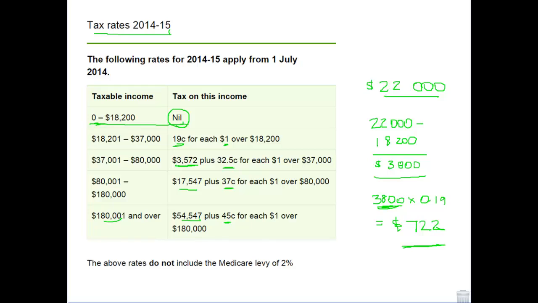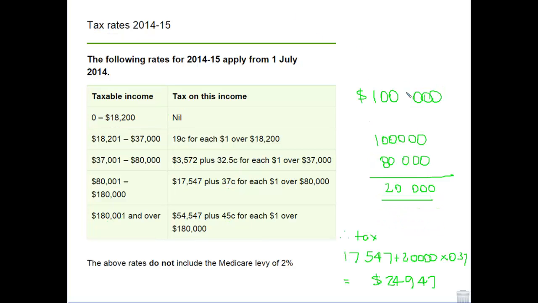Another example: let's pick one where someone's earning $100,000. That would mean they're in the second last tax bracket, earning $20,000 over the $80,000. For the first $80,000 they earn, they pay $17,547 in tax, and it's only the last $20,000 that gets taxed at 37 cents in the dollar.